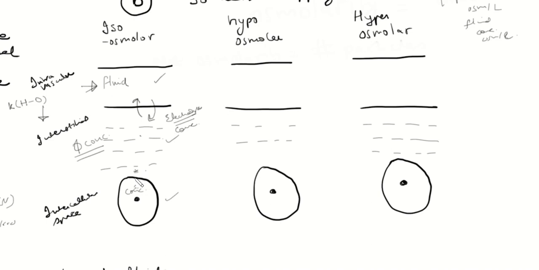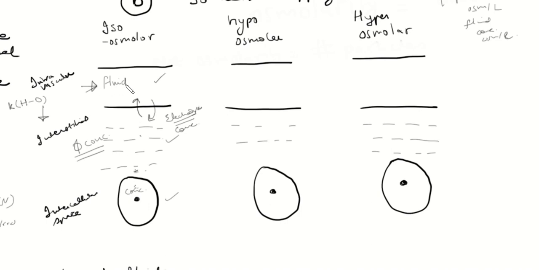I'll talk a bit more about that. But water moves, and its movement is governed by osmosis. Here, the water movement is governed by K times H minus O, and the electrolytes move based on higher and lower concentration. But all three areas, after a while, the concentration becomes the same, and they're in an equilibrium.